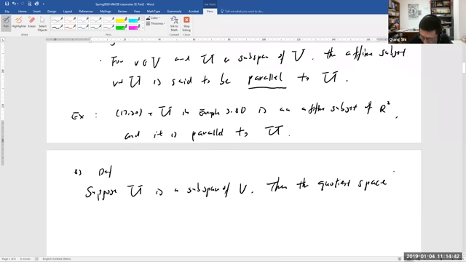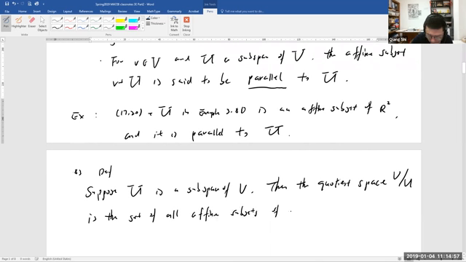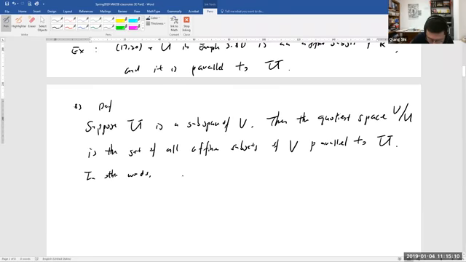We use the notation V over U, or V divided by U. This is the set of all affine subsets of V parallel to U. In other words, this V over U, this quotient space, is, well, your U is specified, your V is specified, right?